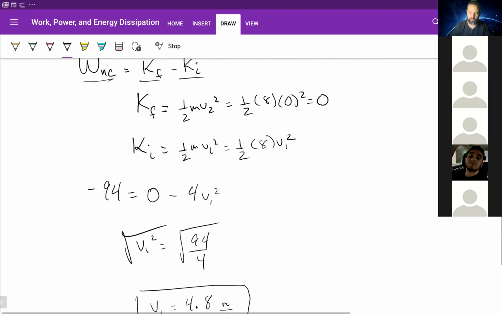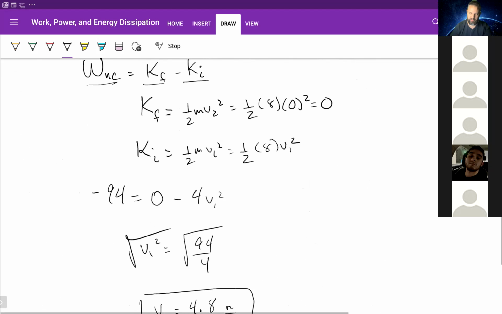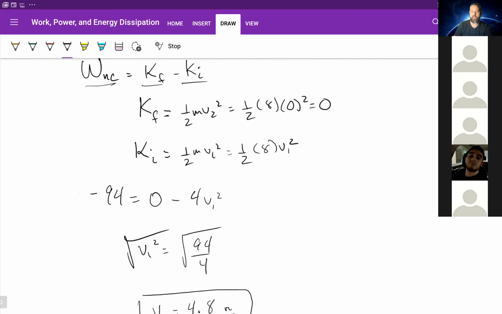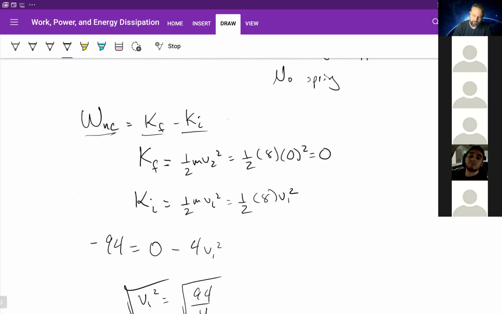So we did kind of both parts here at the same time. The change in kinetic energy is going to be just -94. I didn't explicitly write that, so we kind of did part 3 here.